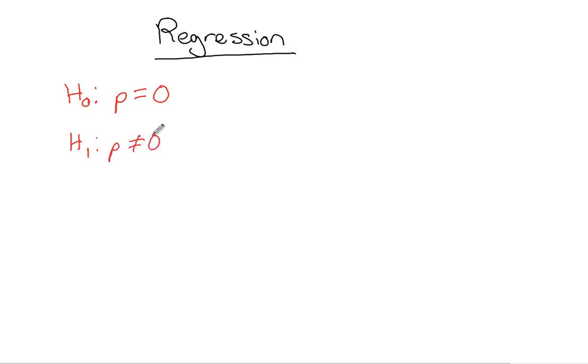Remember that rho is the population correlation coefficient, whereas r is the sample correlation coefficient.